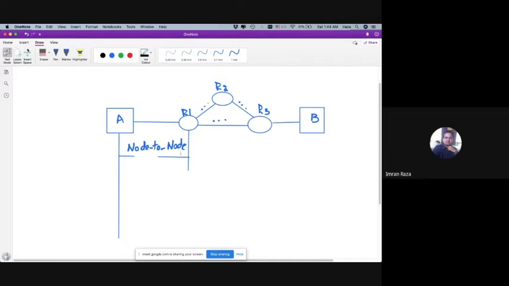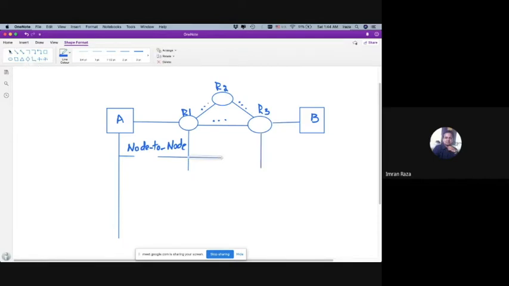Similarly, this is also node-to-node connectivity, where R1 is connected with R3. And obviously the link between R1 and R2 is also node-to-node connectivity, and similarly the link connecting R2 and R3 is also node-to-node connectivity.